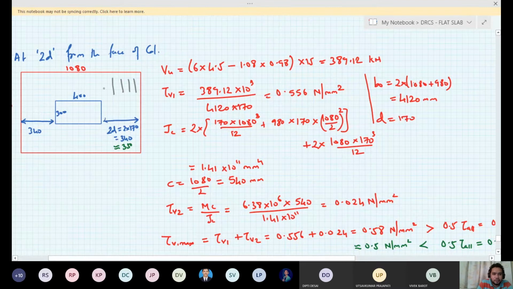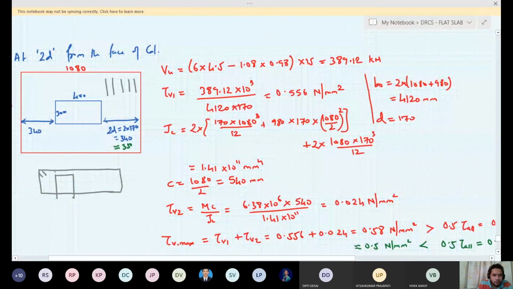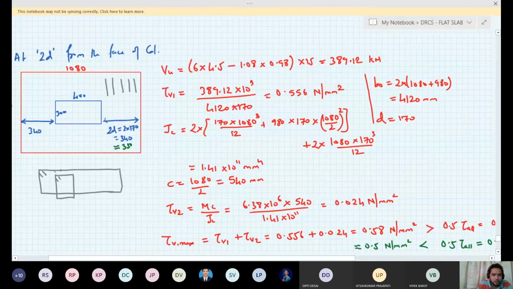So if you see it in the section, see these 5 stirrups will be there, and these stirrups will be like this. 1 mastering, and then stirrups at certain spacing. Just for showing, I am showing it in downward, but they will be in the same line.